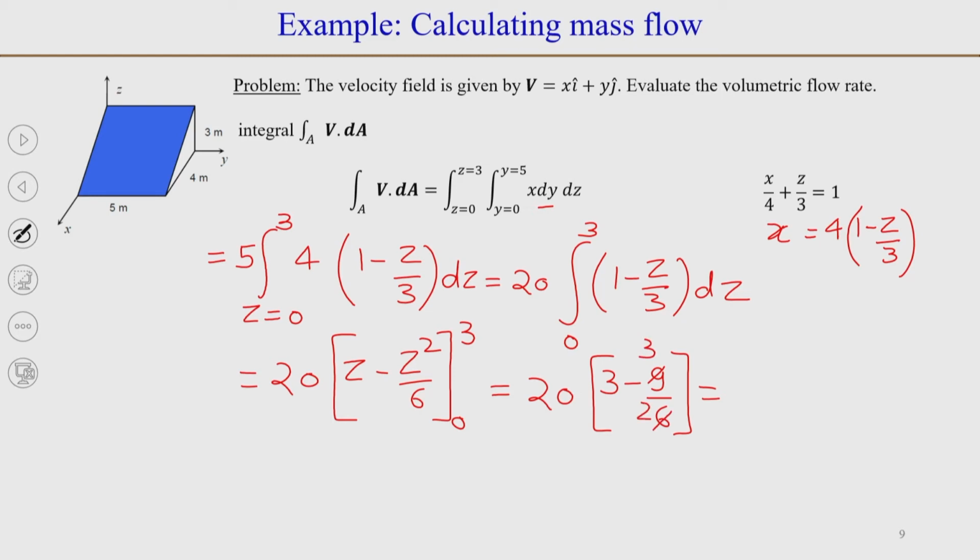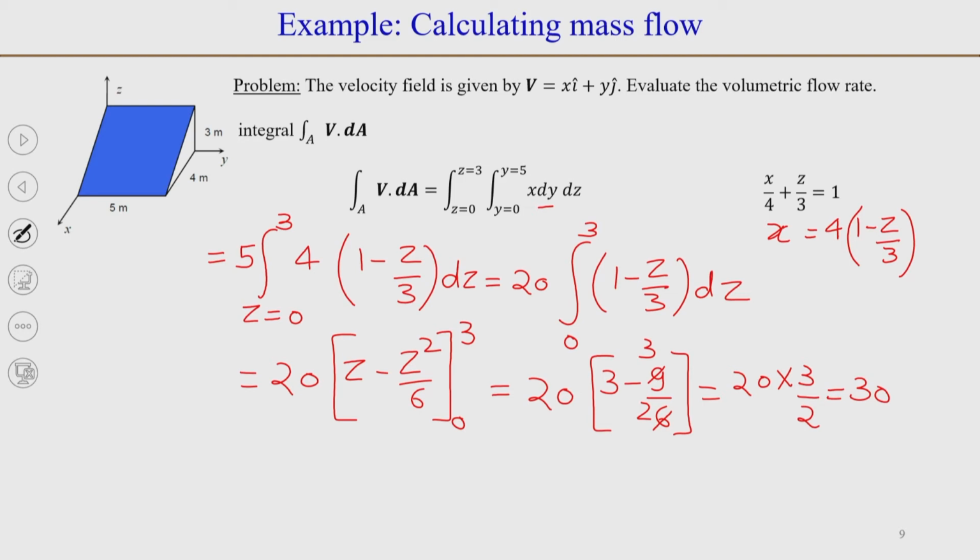So, 3 minus 3 by 2, 20 into 3 by 2, or 1 by half times of 20, which is 30, and the unit will be, we have not been given unit here.